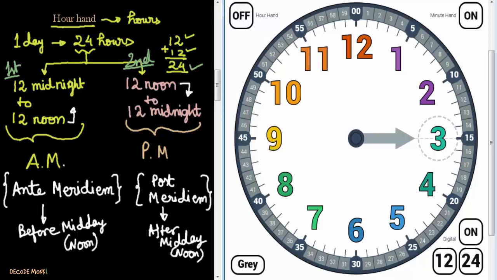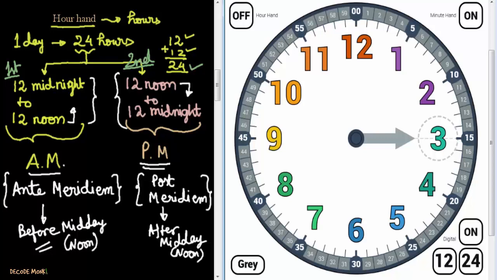The first 12 hours, 12 midnight to 12 noon, is read as AM, and the second 12 hours, 12 noon to 12 midnight, is expressed as PM. The full form of PM is post meridian, and AM is anti meridian. These are Latin names, and anti meridian means before midday, and post meridian means after midday.